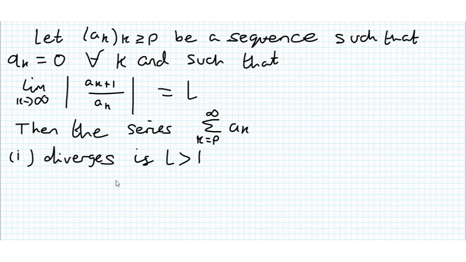If you think about that, that's because if L is greater than 1, that means a_(k+1) is greater than a_k for all k, so every single term in the sequence gets bigger and bigger and bigger. So you're adding up bigger and bigger numbers. Of course you diverge, but again that's not a formal proof, just a rationale.